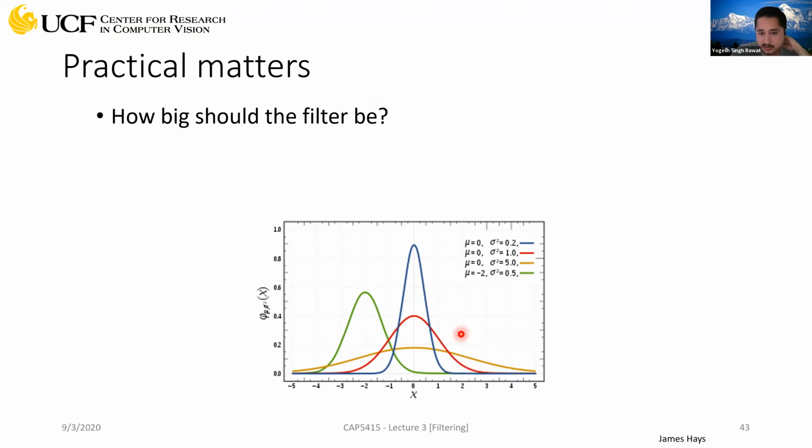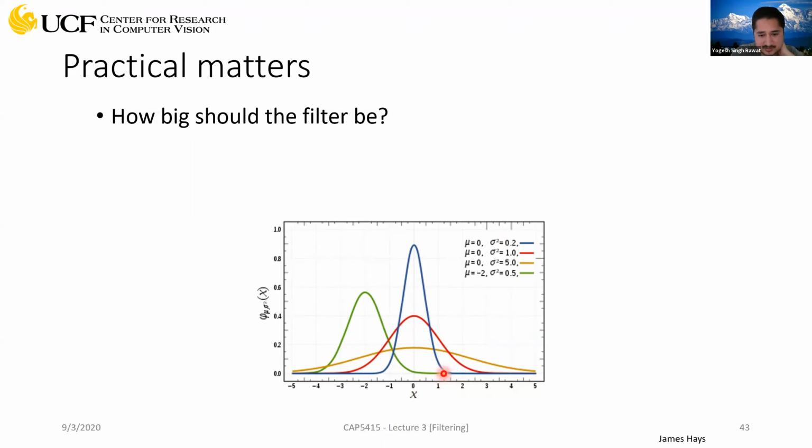So a good size of a filter will be if you crop it somewhere here, and that's close to 3 standard deviations. So for this particular case where you have a standard deviation of 0.45 for the first one, if you take 3 standard deviations, that will roughly go to 1.2, 1.3, somewhere here, right?